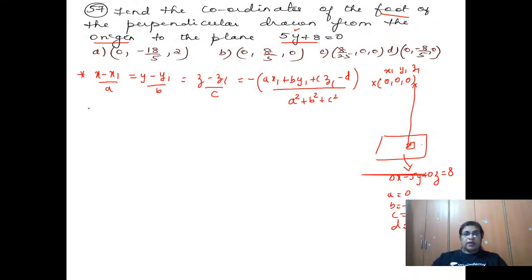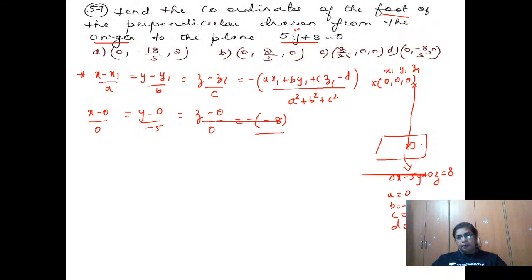So x minus 0 by 0 is equal to y minus 0 by minus 5 is equal to z minus 0 by 0 is equal to minus of x1, y1, z1 all zeros, only minus 8, so minus of minus 8, by a square plus b square plus c square. So 0 plus b square is 25 plus again 0.